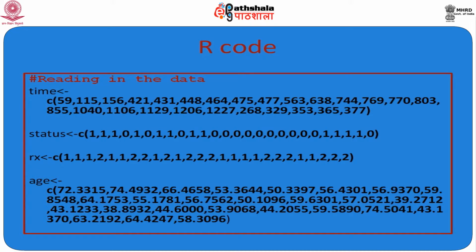Now the age of all individuals at study initiation is considered here as 72 years, 74 years, like this from the first individual to the last individual, where the age is 58.30 years. So now the data set looks like that.